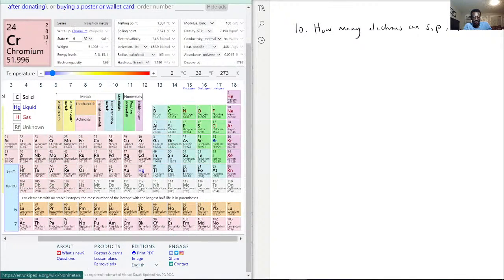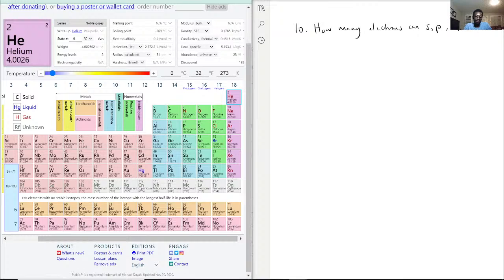So we know helium is 1s2. And as we drew our s orbital up there, it was just the s like that.